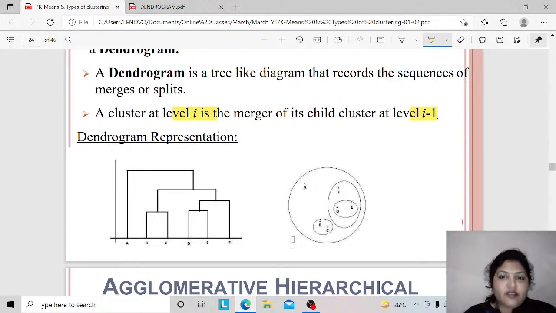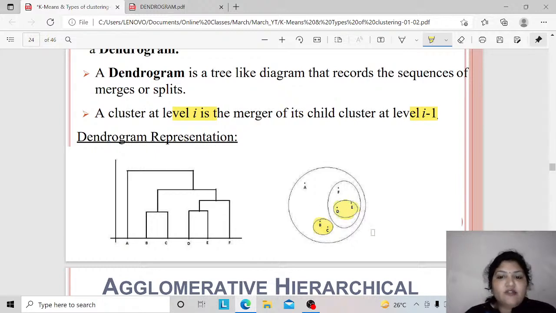So if we are given this particular graph, or you may say these are my data points that are falling into this, we check that B is nearer to C rather than D. That's why we have made this one cluster. Then D and E are nearer to each other than to F, because F is in between them, so we make another cluster like this.